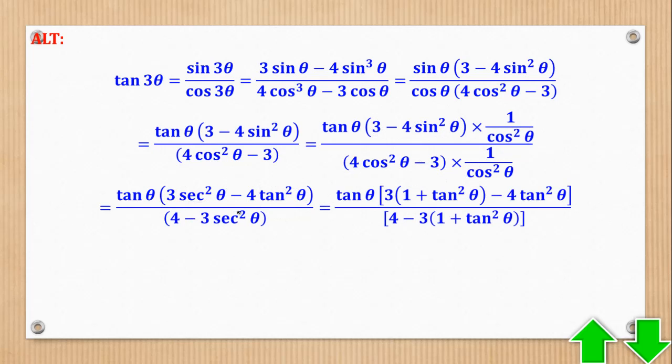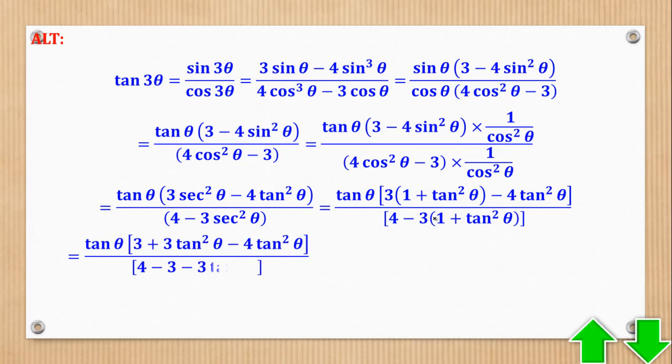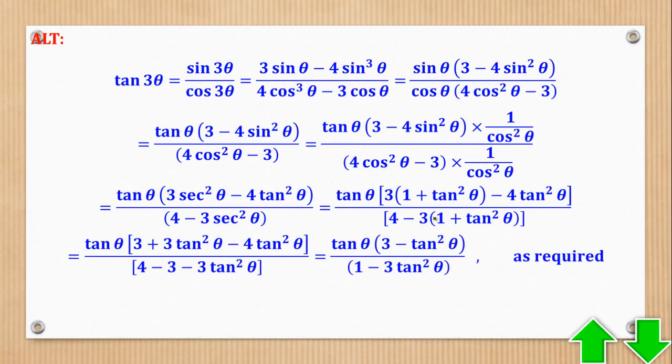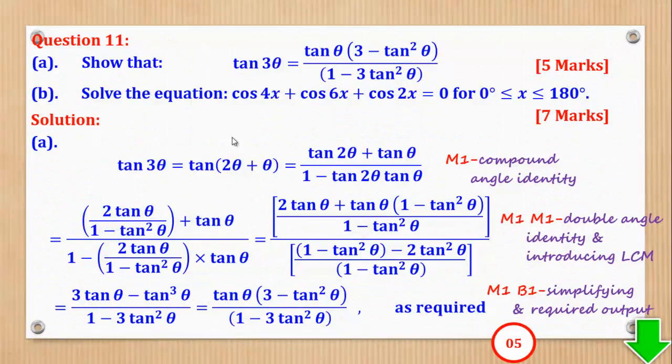But I know that sec squared theta is 1 plus tan squared theta. It's also an identity in the logbook. So substitute for sec squared theta and simplify. You'll come up with that. So that was another alternative. And now we shall go to part B, which says solve the equation this.